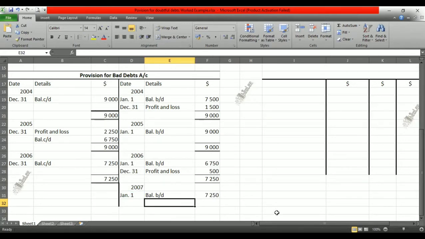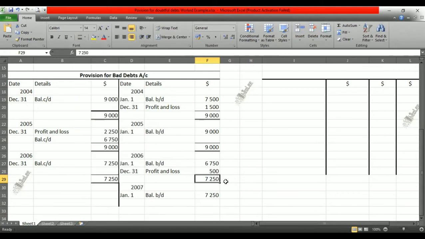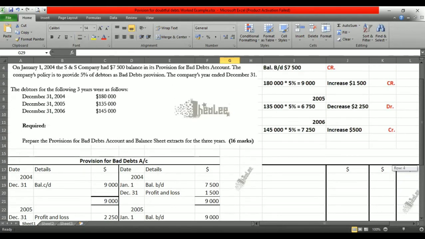So there we are with the provision for bad debts account, and you can double check. Don't forget that you can double check your account to see if you're indeed accurate. Remember, the balance brought down should be the very same as the value that you have calculated in your workings.